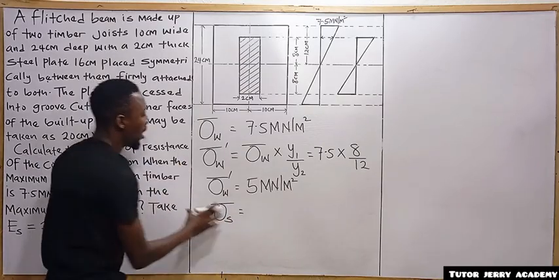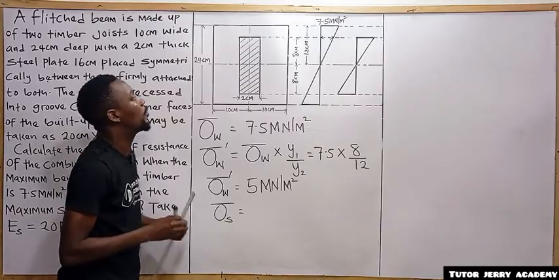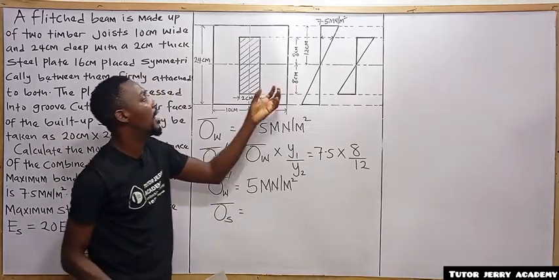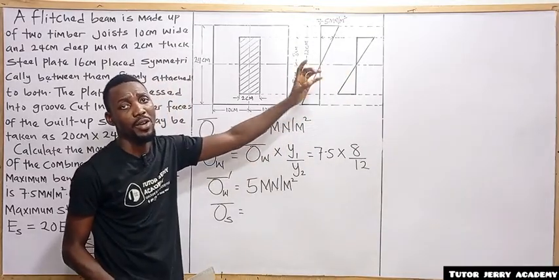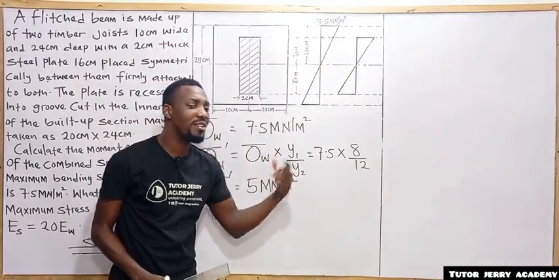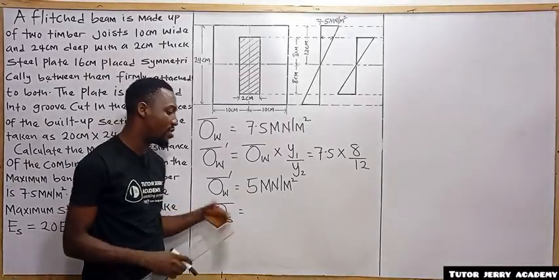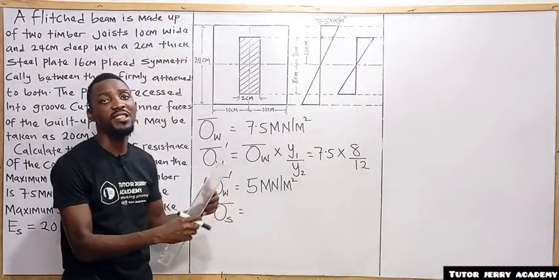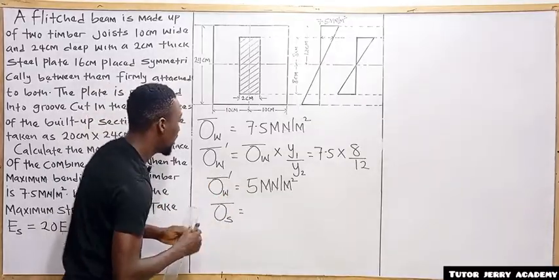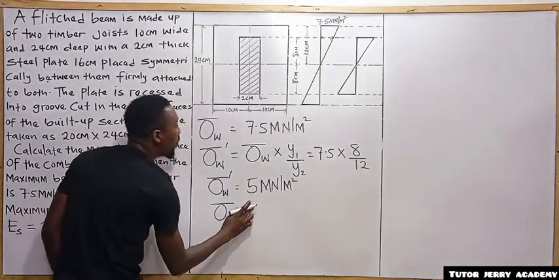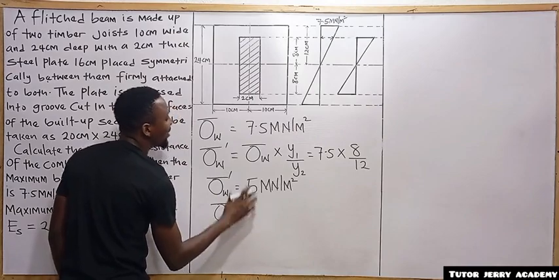So now, what will be the formula that we are going to use here? You are going to recall that we have a relationship for stress in a steel and the stress in a wood, and we know that relationship is modular ratio multiplied by the stress in a wood.